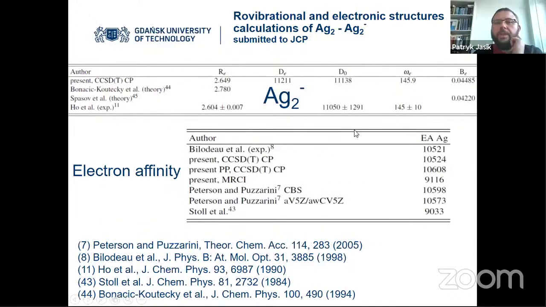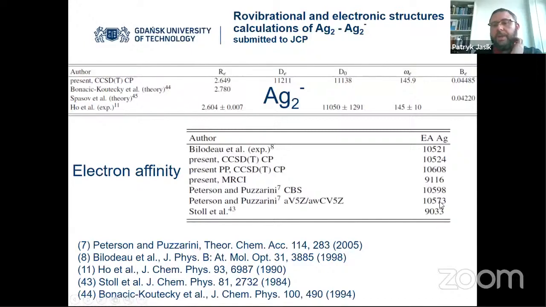Here you can see that for the silver anion dimer, there is less data than for the neutral molecule, and we also see that we obtained very good results in comparison with the only experimental data report, by Ho.